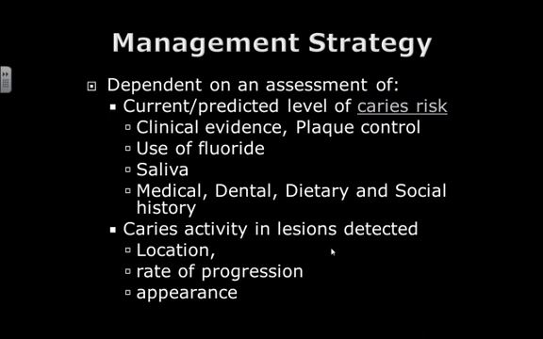So we're going to create a management strategy for caries based upon an assessment of the caries risk. Through that assessment, we're going to look at the current and predicted level of caries risk. We're going to use this based upon clinical evidence. Is there significant plaque?